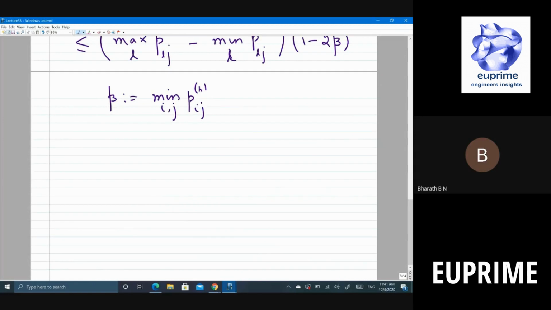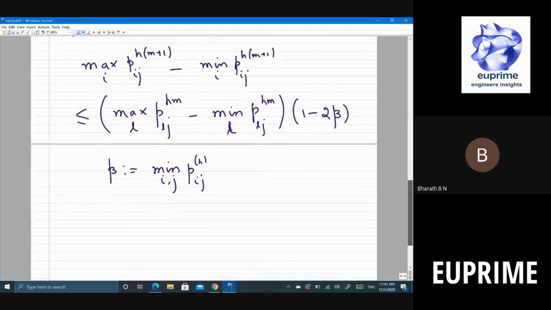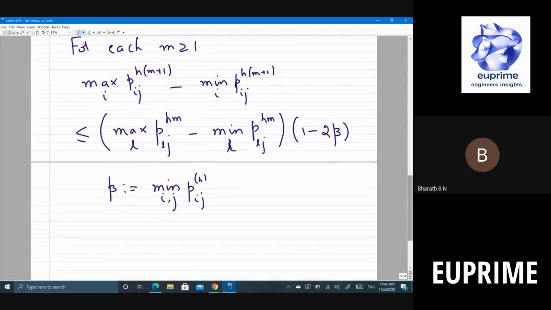Now, what does this result in? If I look at this particular thing, this is max over all l of Plj in hm steps. I can apply a bound on this as well, right?